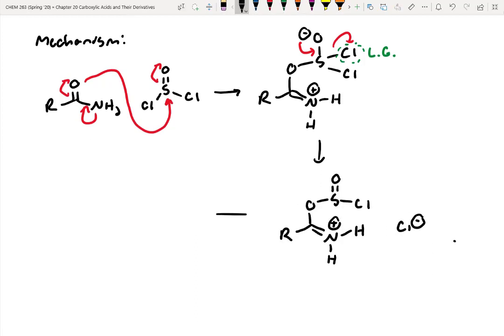What we'll do next is deprotonate. So we'll just write minus H+, and we'll get rid of that proton off of the nitrogen. That means that we've got something almost resembling an imine at this point.